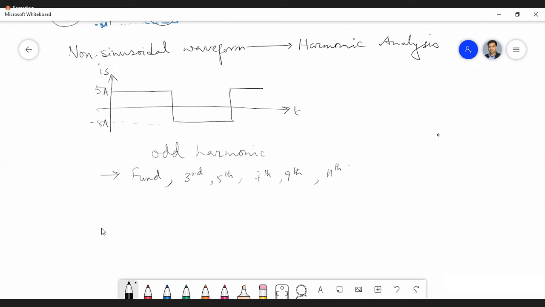So one thing is clear: we may have a nonlinear load like the load we have taken in that example.